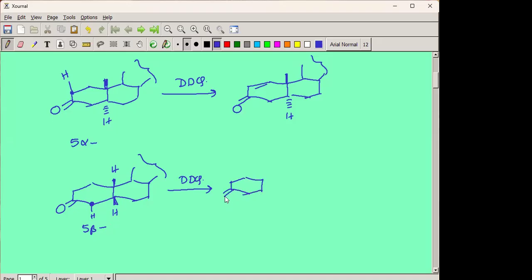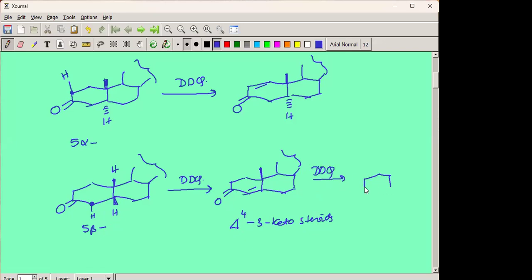So this is the difference between the two kinds of reactions. So this takes place in delta 4 3 ketosteroid. We continue this reaction with DDQ.